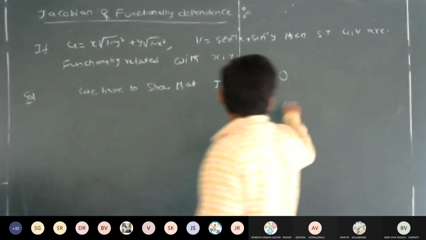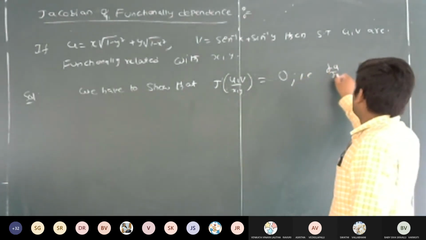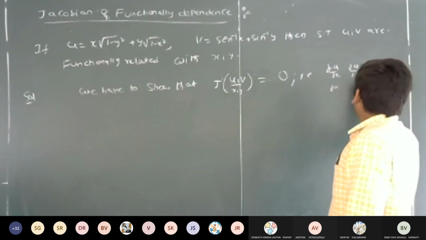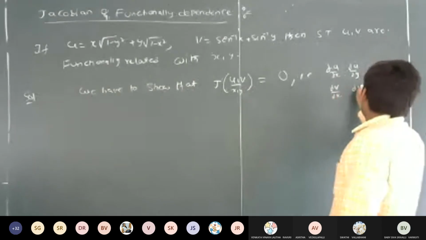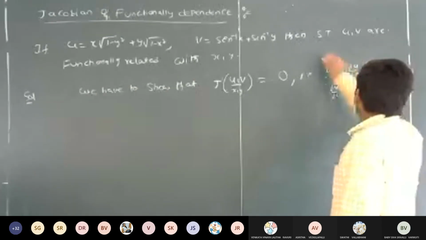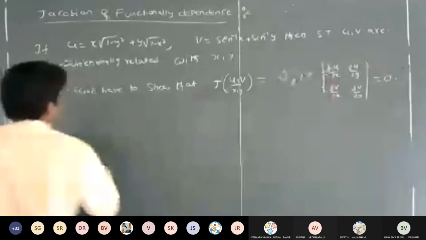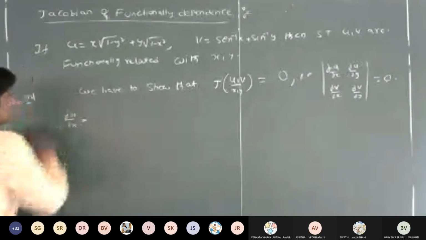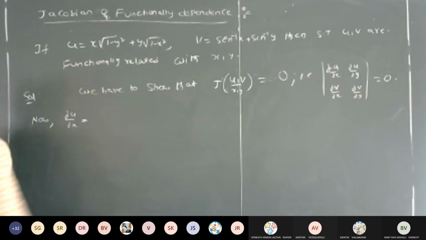That is, the determinant with dou u by dou x, dou u by dou y, dou v by dou x and dou v by dou y. Its value is 0. So calculate the value. What is the value of dou u by dou x?